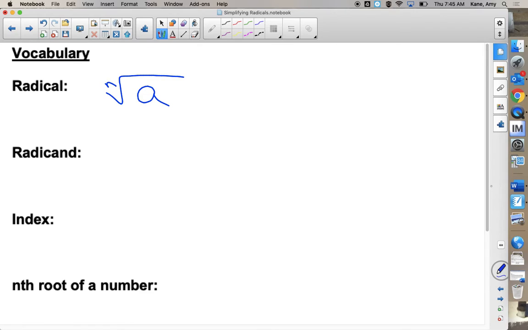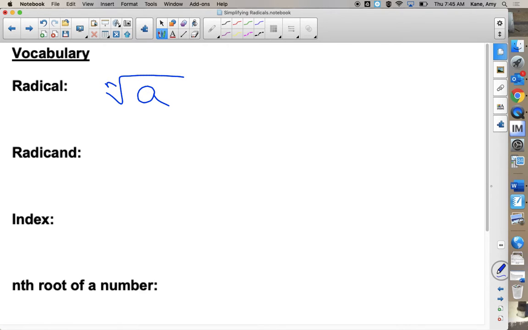So I put a little n on the symbol, and then I have an a underneath. That n usually is a square root, but it doesn't always have to be. So that n could change into a 3, a 4, a 5, a 6. It could be anything. We'll stop at 6. But that little n can be pretty much anything.